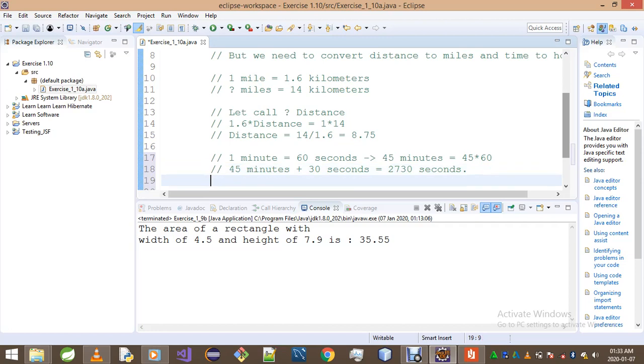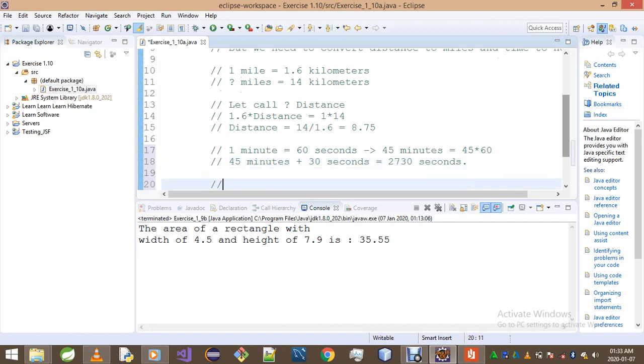Okay, now what else we wanna work with? Okay, what else we wanna get? We will also wanna convert these seconds into hours. So 1 hour is equals to 3600 seconds.